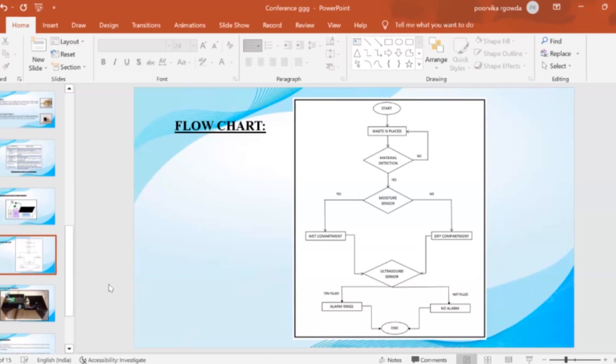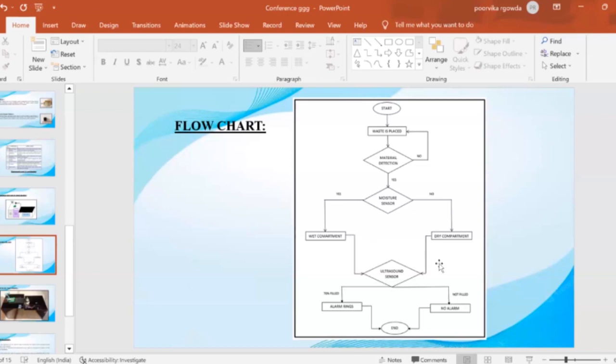If the material is not detected, then we can say that waste is not placed. If the material is detected, it sends the signal to the moisture sensor in order to detect the water content present in the waste. If it is wet waste, then it falls into the wet compartment, or if the waste is dry, then it falls into the dry compartment.